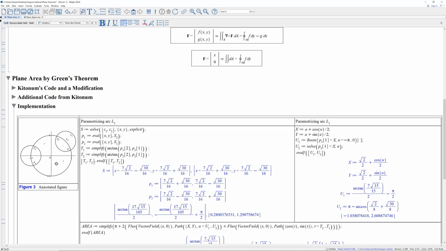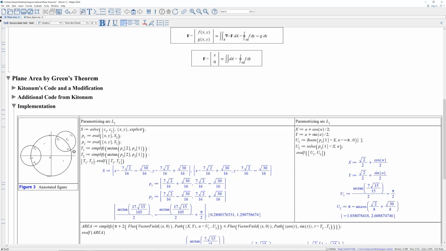So we begin by looking at this figure 3. The unit circle and these other two circles. Because I'm going to rely on symmetry, I now start to look at this region. If I'm going to compute the area of just this region, I'm going to have to parametrize arc L1 and arc L2.